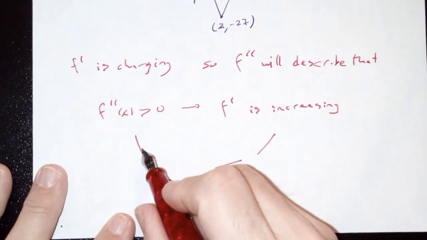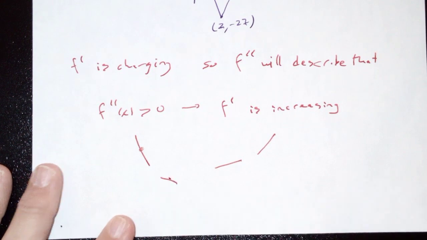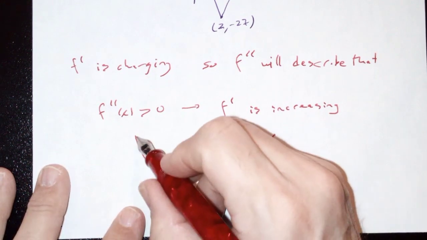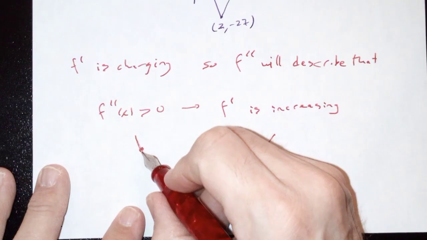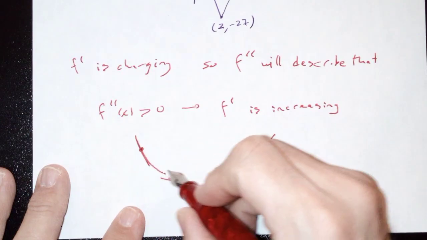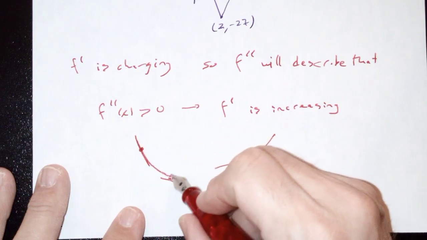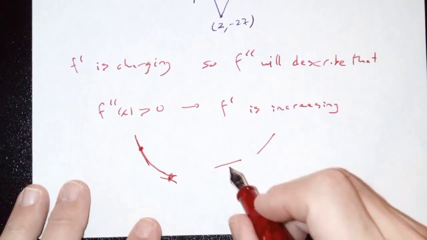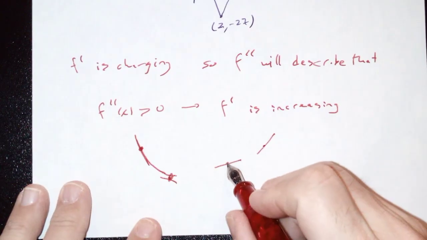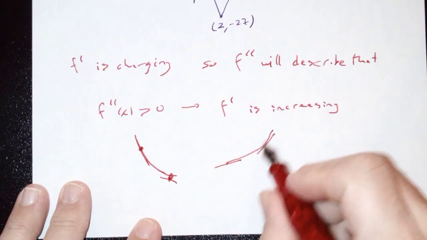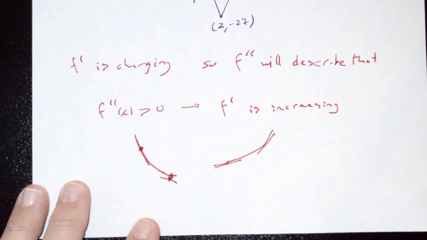Now, if these are points on my curve, and those are the tangent lines, then when I connect these two dots, hey, wait a second, I'm a crappy artist, but there we go. Same thing here. I get a curve.